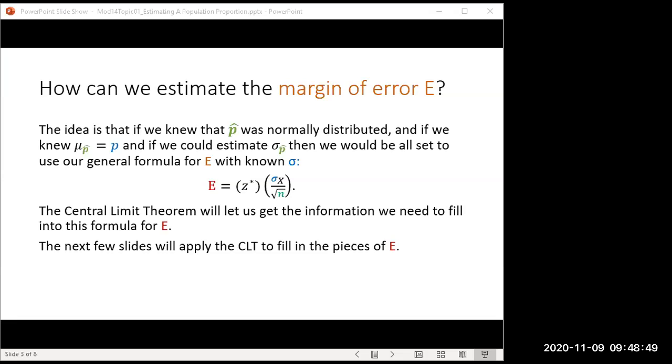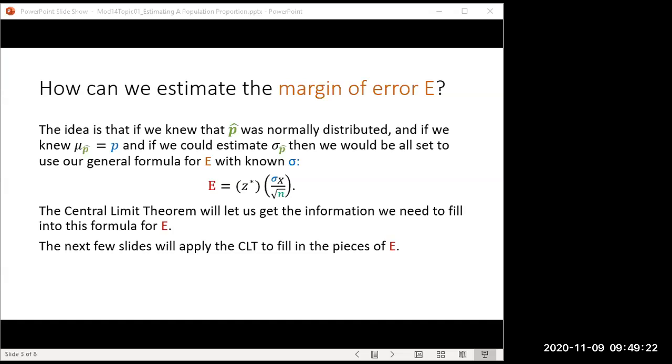So, the next few slides are going to address how you go about creating that context. We're going to need to know sigma, so I'm going to have to work out the standard deviation of this yes-no variable. And we're going to need some argument for why this P hat might be normally distributed.